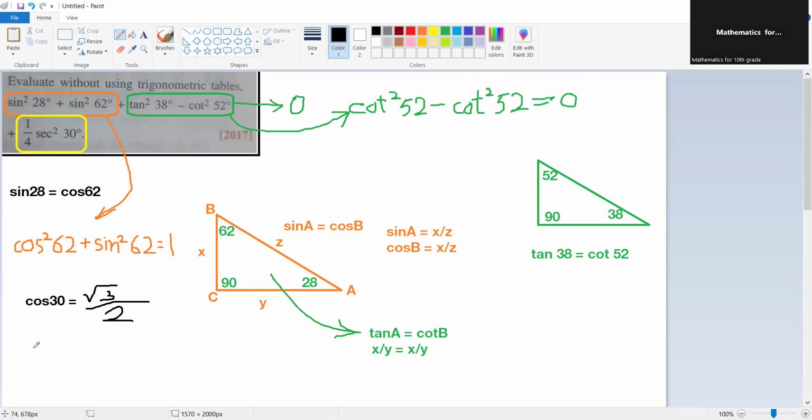So sec 30 is 2/√3, because sec theta is the reciprocal of cos theta, and sec square 30 is the square of this, which is equal to 4/3.